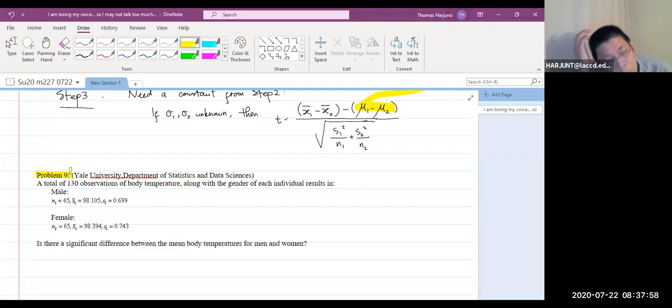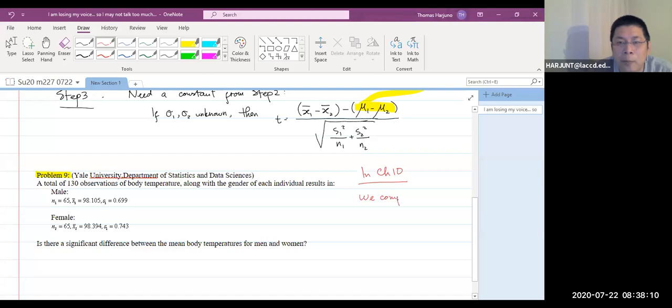So, some background. In chapter 10, we compare the parameter, while we actually don't have the parameter, we only have the statistic.